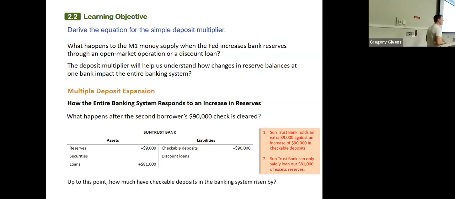Okay. And so up to this point then, how much have checkable deposits gone up by in the banking system? Well, there was a $100,000 deposit at PNC Bank, plus the $90,000 increase in checkable deposits at Suntrust Bank.